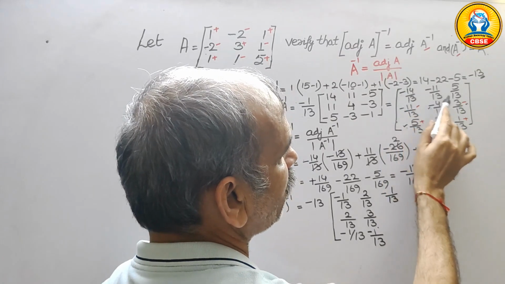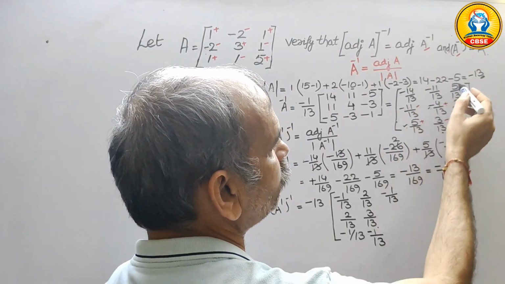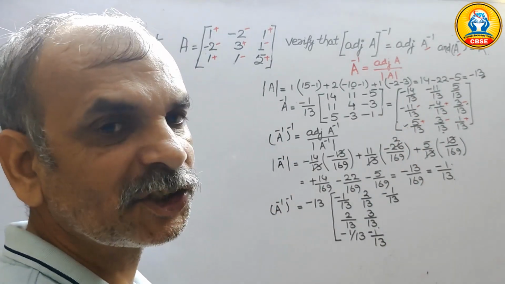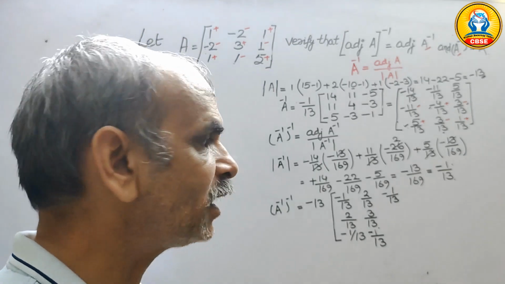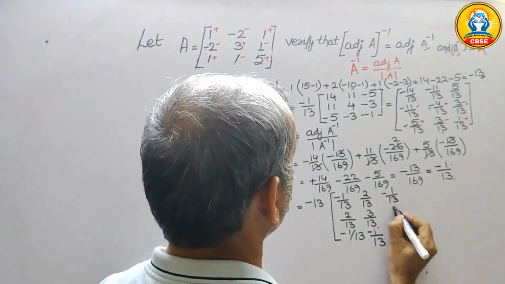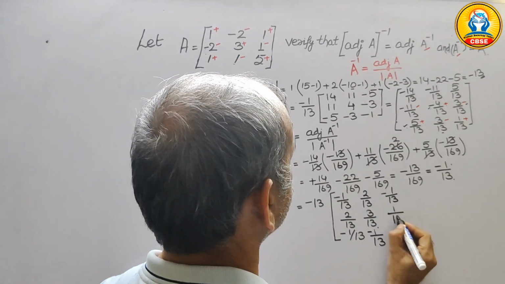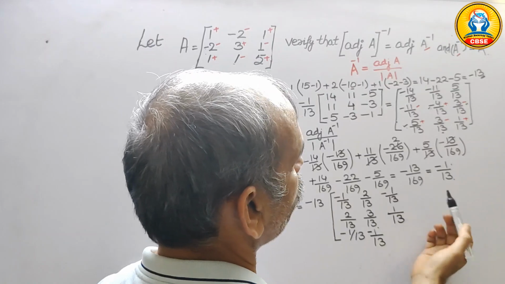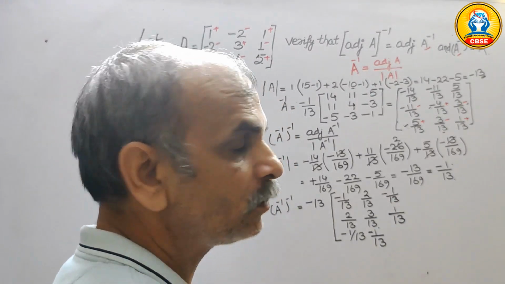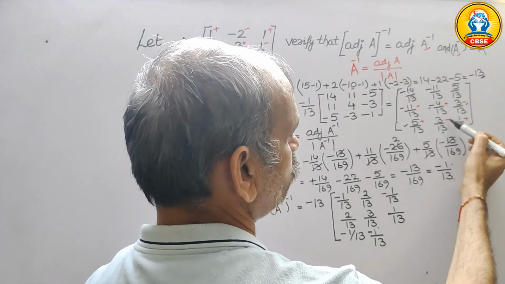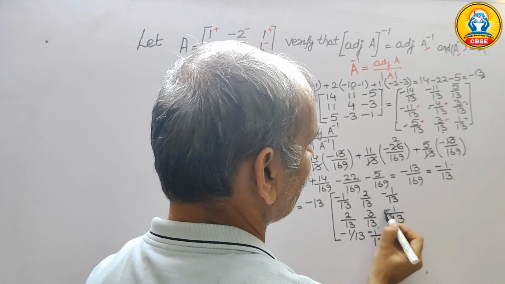That means it will be minus 42 plus 55 is 13. 13 by 169 is 1 by 13. Here we will get 1 by 13. Just we will check it again. This position. This will be your negative position. Sorry, negative is there. We will write negative here.